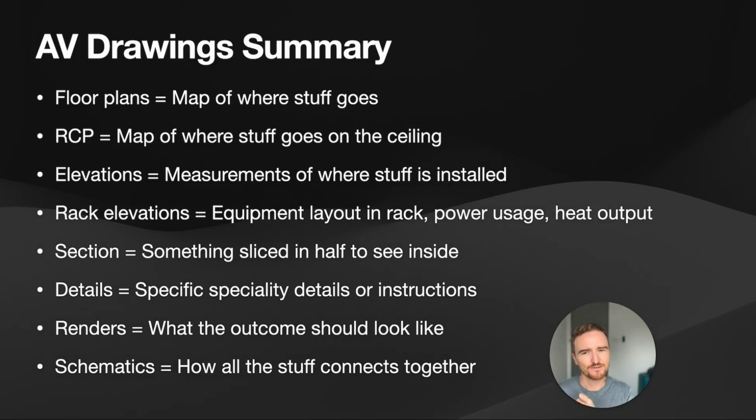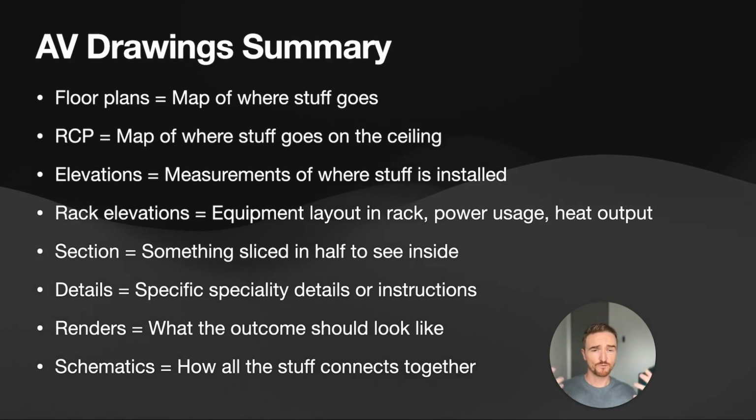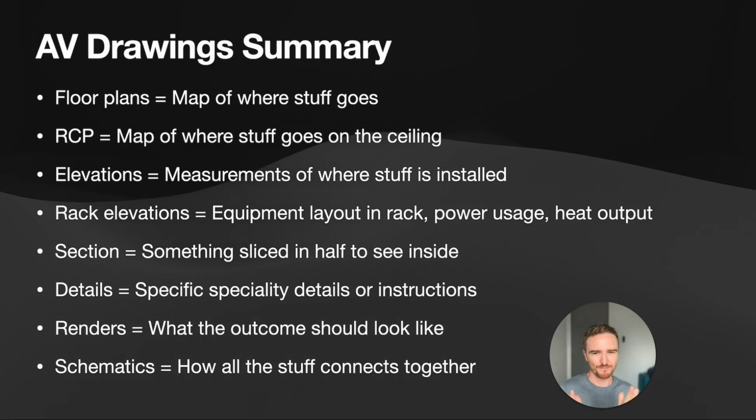The details give us specific instructions for particular things that are very specific to the project that the designer wants to share. Renders give us a view of what the final outcome should look like, and the schematics show us how everything connects together. If you can get your head around all of that, and you're looking at the right drawing for what you're trying to find, you should be able to figure it out.